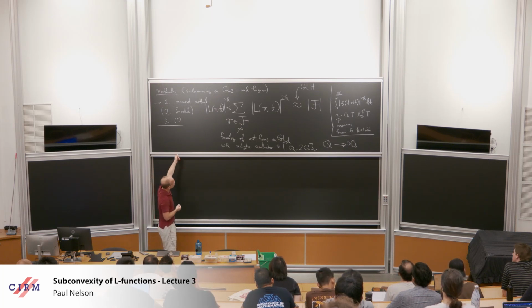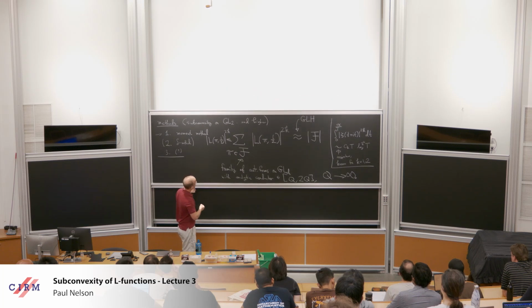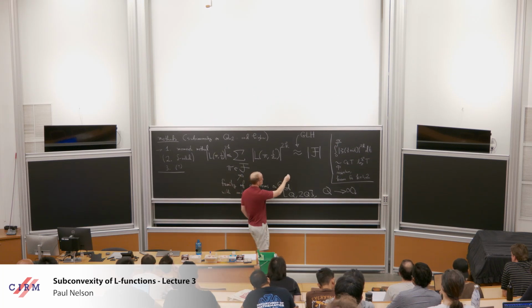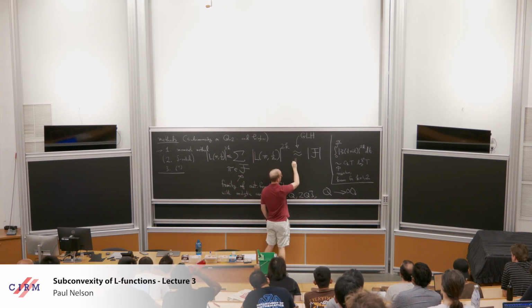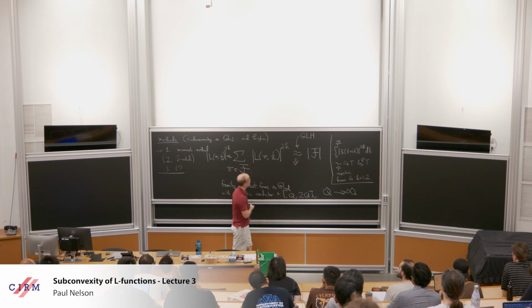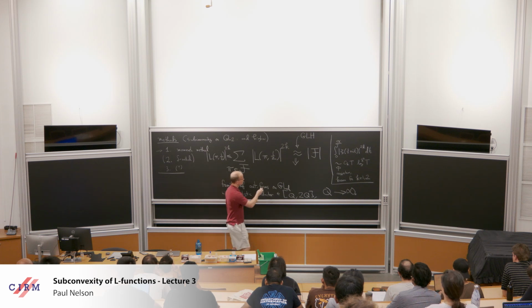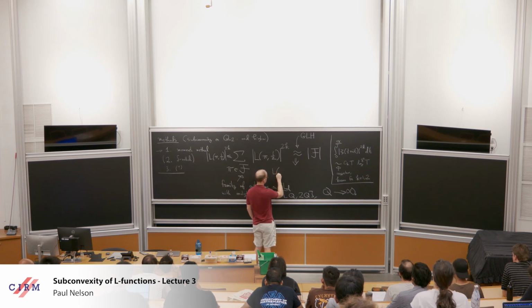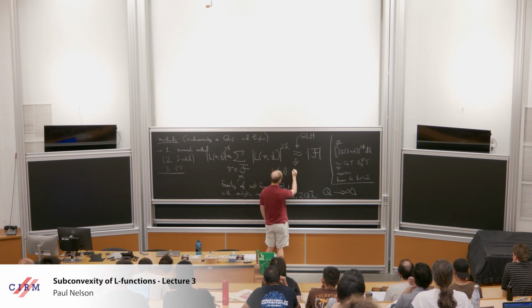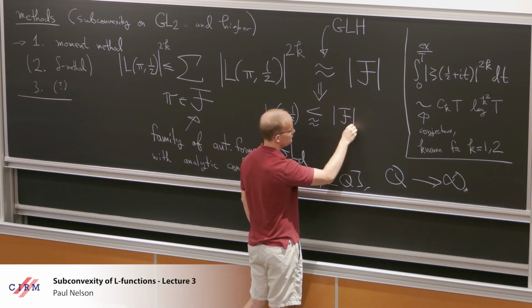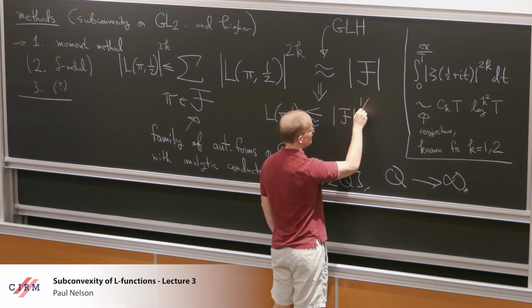And that's reasonable to suspect, because if you look at the upper bound that you get for an individual L function from assuming an estimate like that and taking an upper bound like so, what it tells you is that L of pi half is, let's say, roughly bounded by the family size to the 1 over 2k.